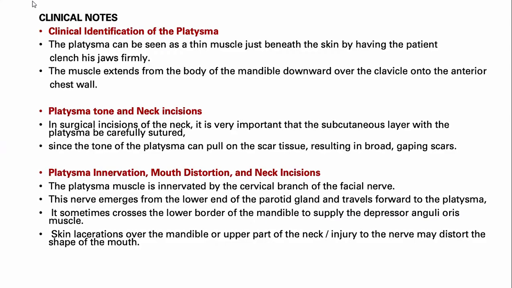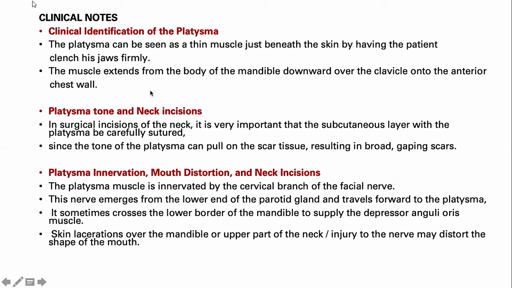For the clinical notes: clinical identification of the platysma. The platysma can be seen as a thin muscle just beneath the skin by having the patient clench his jaws firmly. This muscle extends from the body of the mandible downward over the clavicle into the anterior chest wall.